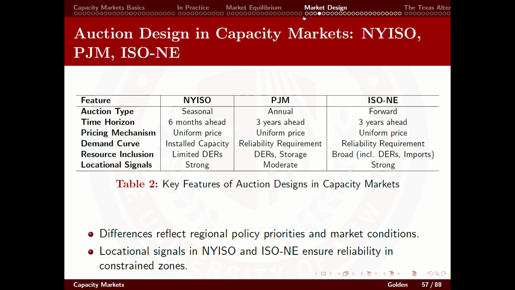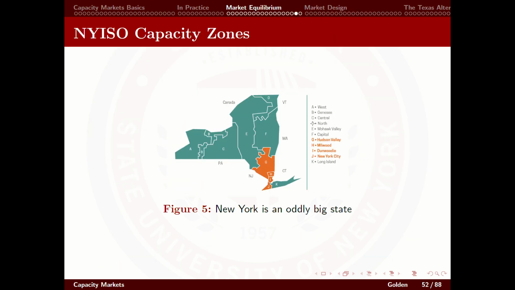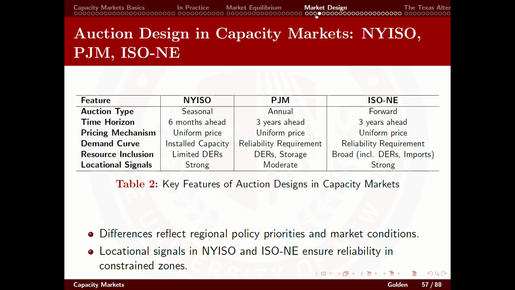You saw here A through K, so that's 11 different zones for capacity. There's a high degree of signals of location, and then this also exists to some degree in PJM, but also very strongly in ISO New England.